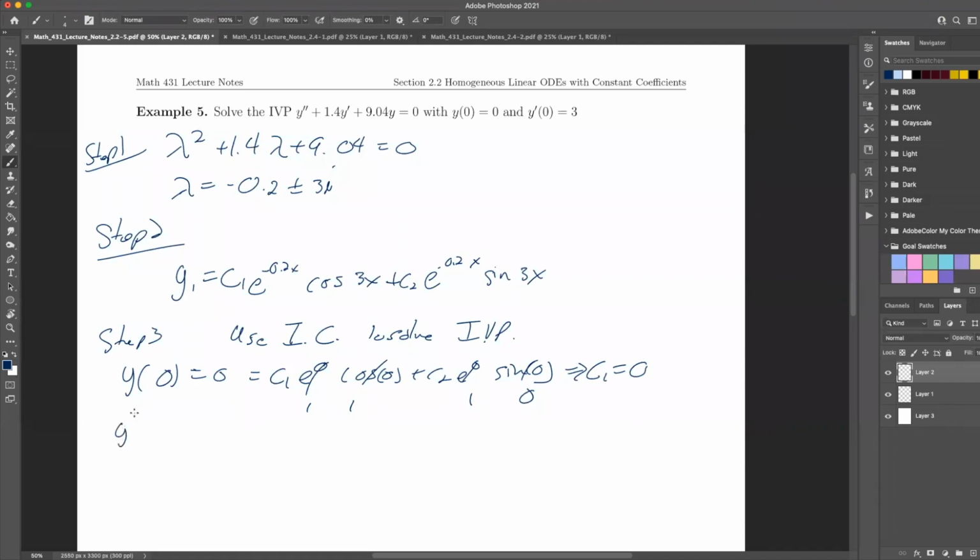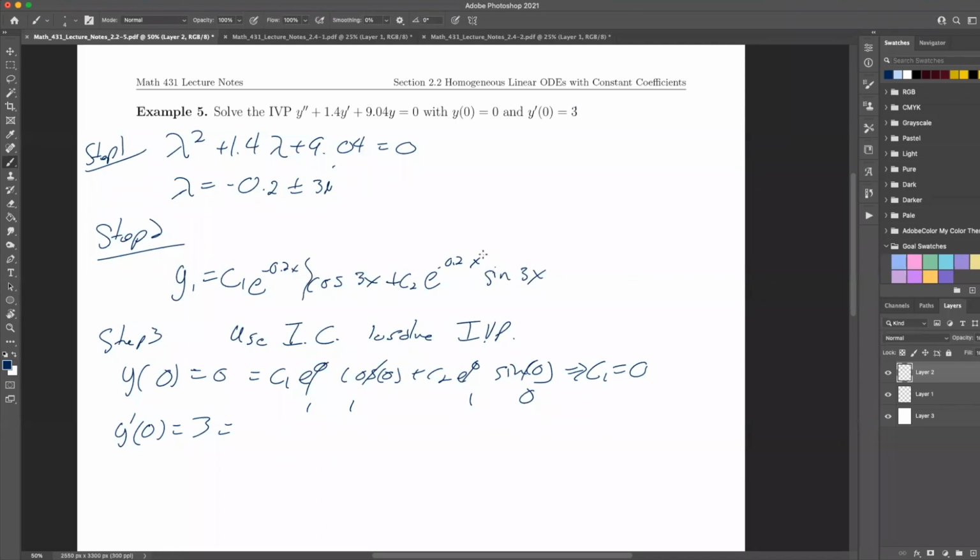All right, then we're going to do y prime of 0, which is 3. We take this derivative, I'm going to get minus 0.2 C1 e to the 0. Hold on.